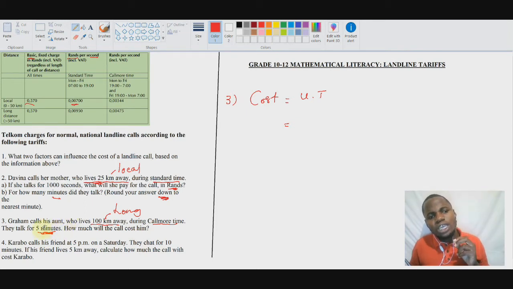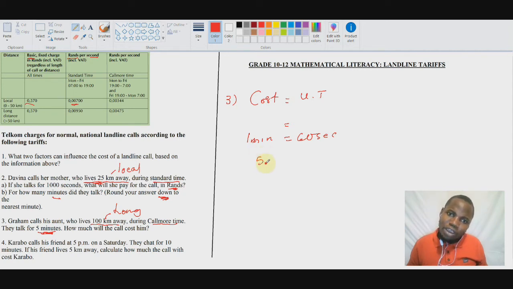Okay, so in this case you have 5 minutes. So the first step, we need to convert that 5 minutes into seconds. Remember, 1 minute is equals to how many seconds? Equals to 60 seconds. You know this. Then now, we want to convert what you have. You have 5 minutes. So if you have not watched the previous video on conversion, please go back. Okay, now what you want to go to, you want to go to seconds.